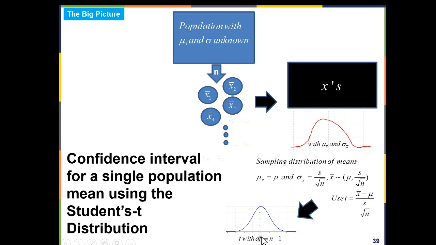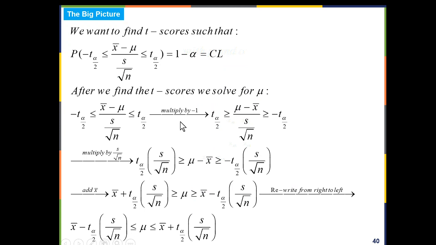We call it degrees of freedom. And this is again the math of where that x bar plus and minus comes from. You can look at it. I talked about this before for z distribution, but basically that's what we have.